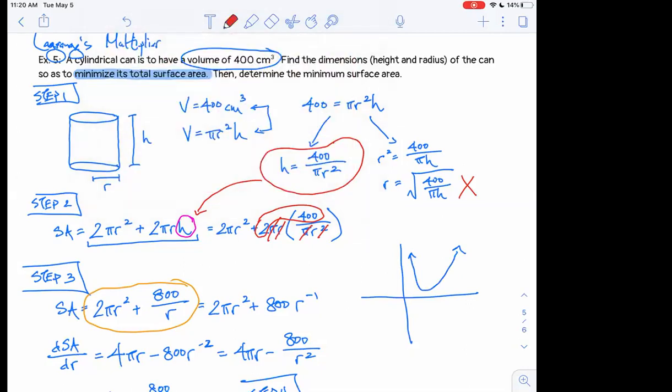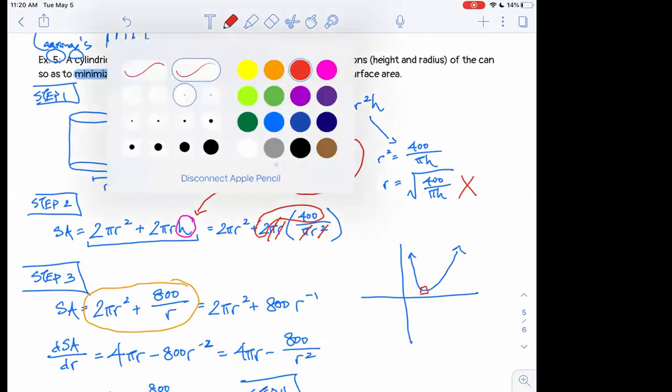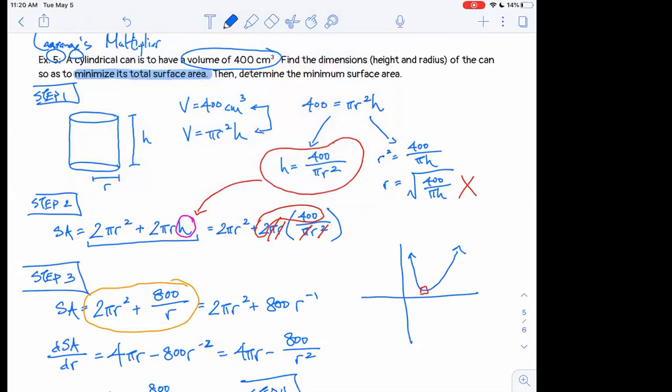And the minimum point is right here. There is another branch to this equation, and I think it goes like this. But again, we can't have a negative volume can. And so we don't even care about that branch, but we look at the branch that could actually give us an answer, and the point that we find is the minimum of that branch. Okay.